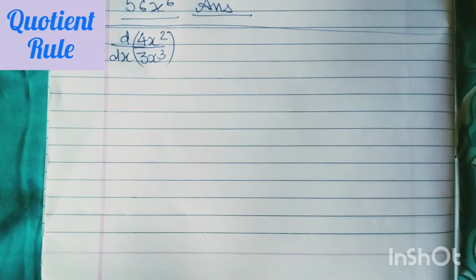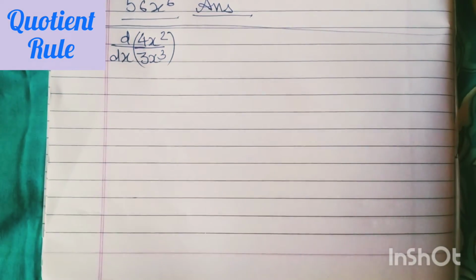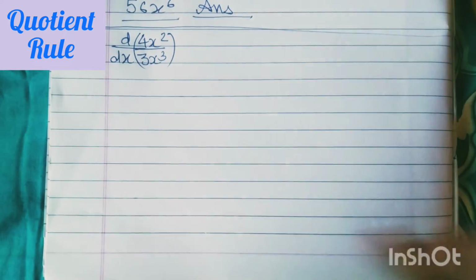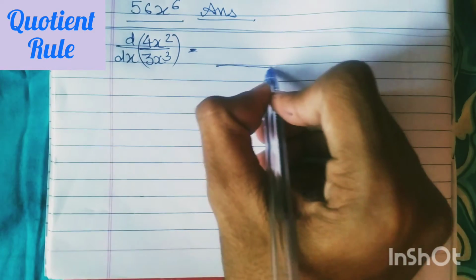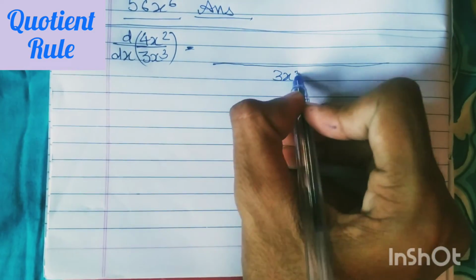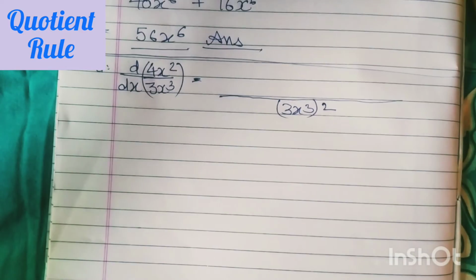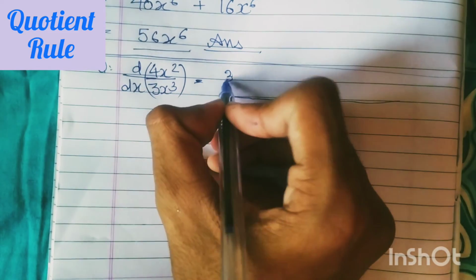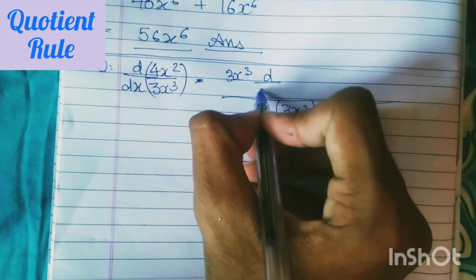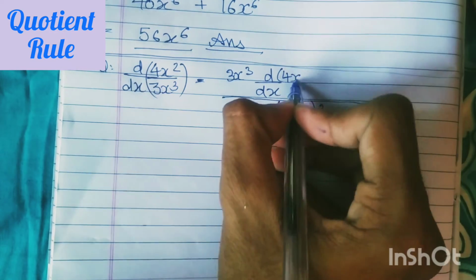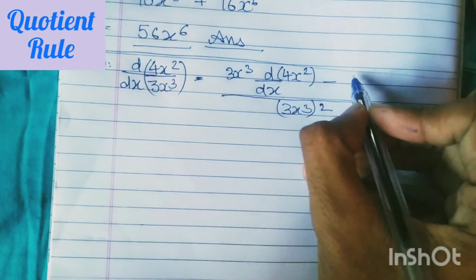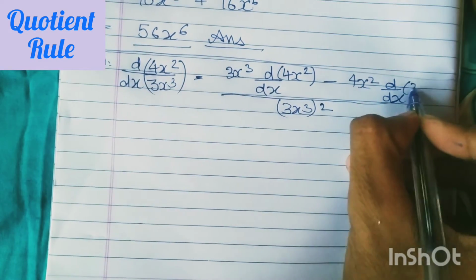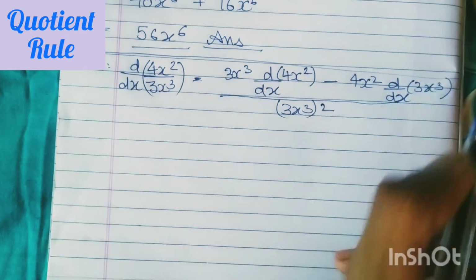Understand this by an example. This is an example: differentiation of 4x square upon 3x cube with respect to x. Remember the formula. First our denominator will be 3x cube whole square. In the numerator, remember, first we will take the denominator, that is 3x cube, then the differentiation of the numerator, that is 4x square, minus your numerator 4x square, and then the differentiation of the denominator, that is 3x cube.